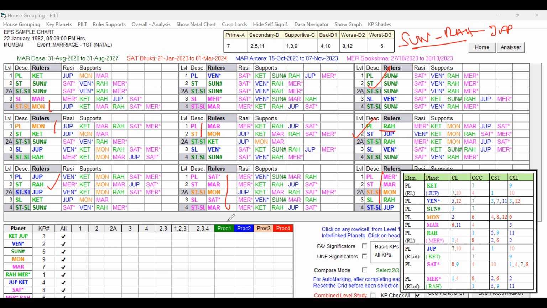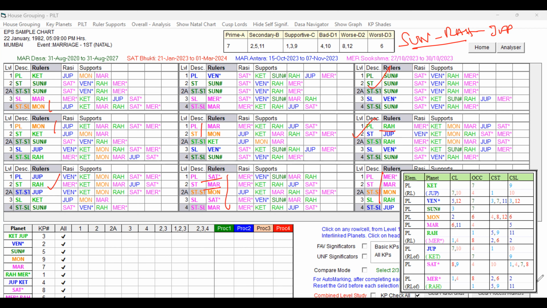Importantly, for the destiny planet, the unfavorable key planet Moon is not playing a role in the Dasa, Buddhi, and Antara. And the favorable key planets of the destiny planet are all only in the support, they are all playing. And the mixed key planets, that is Saturn and Mars, are playing a role.